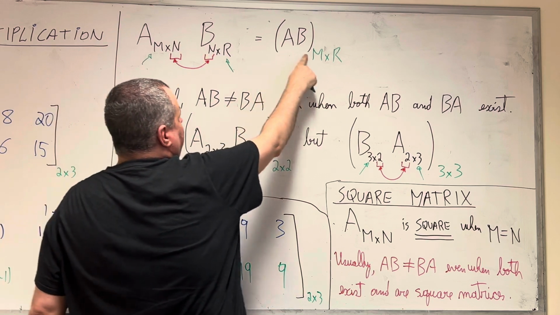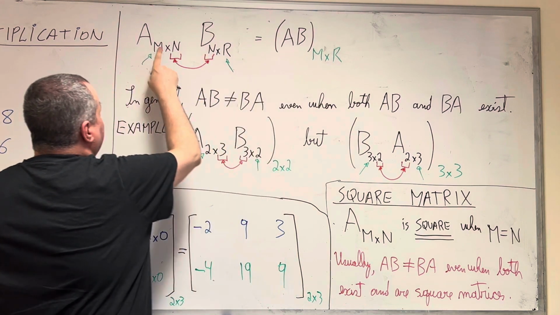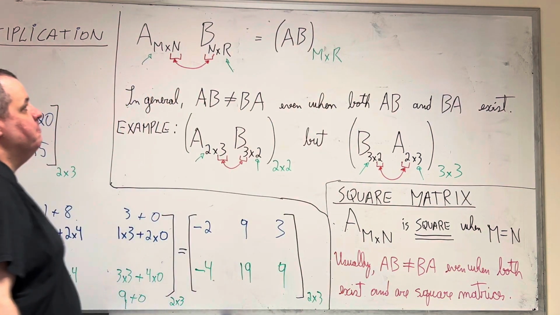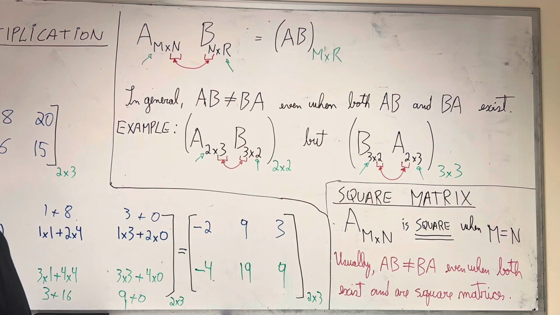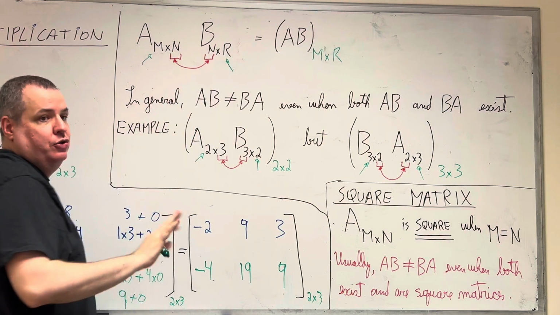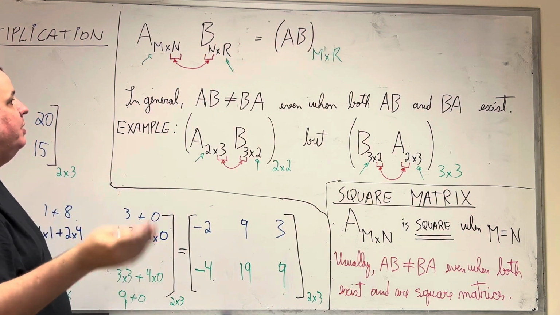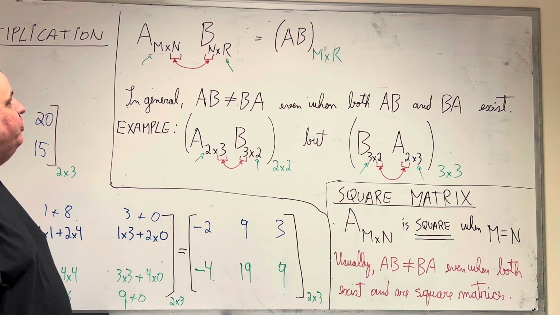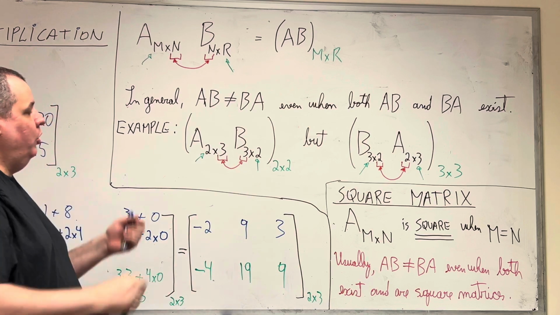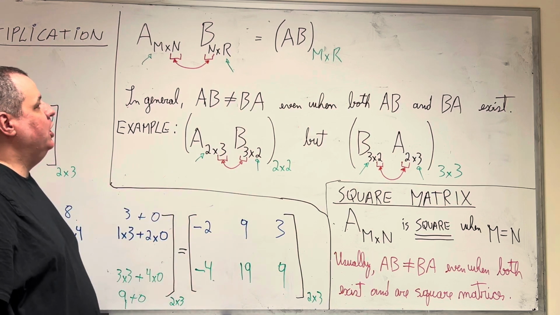And then the resulting matrix AB will be m by r. Okay? So that's always the case. And if this number here is different than this number, there's no multiplication. So sometimes you can multiply a matrix in a given order, but not in the other order. So the order here of multiplication matters.